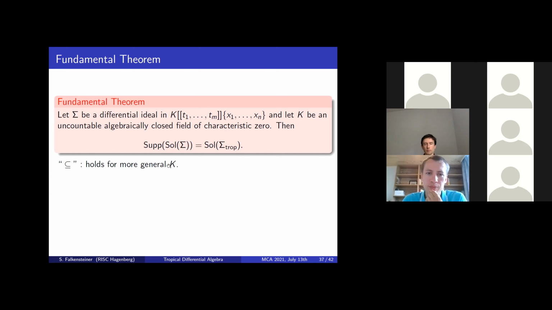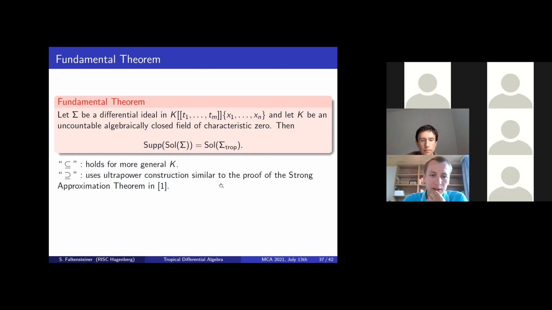For the proof, one implication is relatively easy if everything is defined, let's say, correctly, or defined as we did. The other side uses an ultrapower construction. So yeah, this is very technical and non-algorithmic, and it's also used in the paper of Denef and Lipshitz.